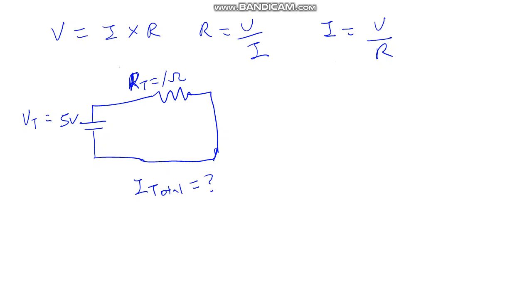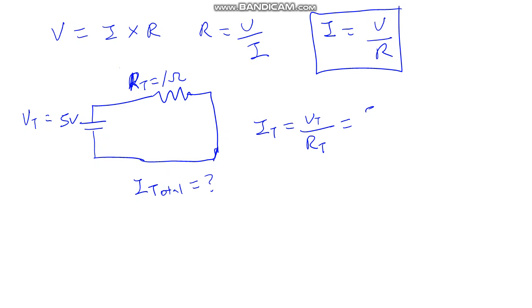In order to figure this out, you just have to use this equation: I is equal to V over R. So in this case, I total is equal to V total over R total. V total is 5 volts. R total is 1 ohm. So the I total here is 5 amps. And then that's it. You're done.